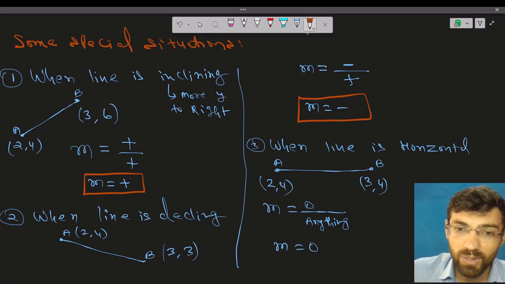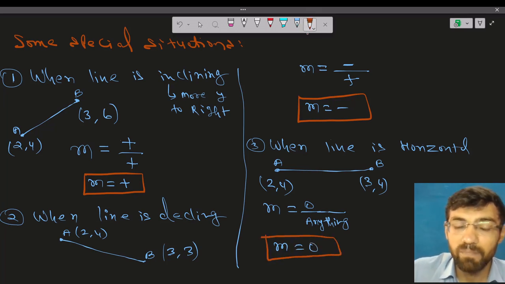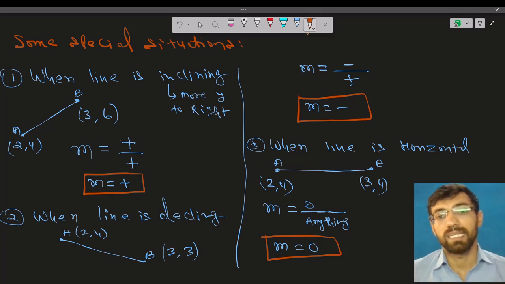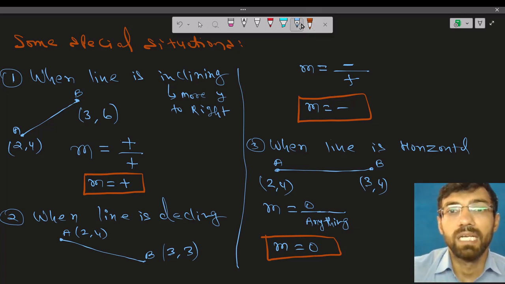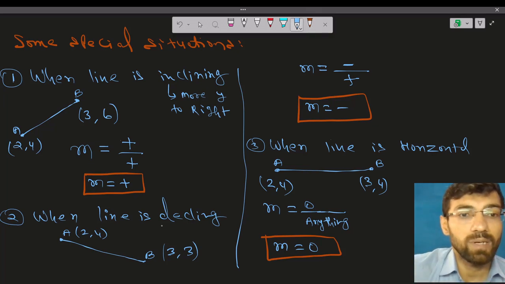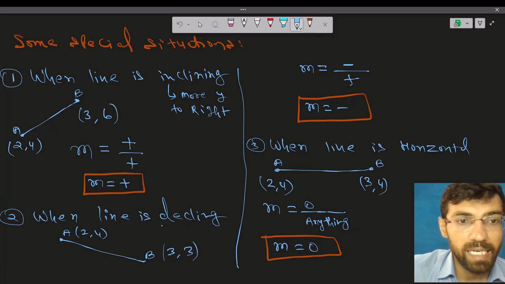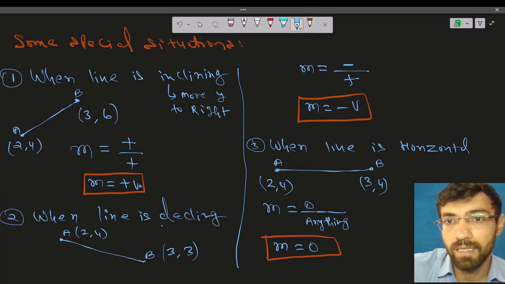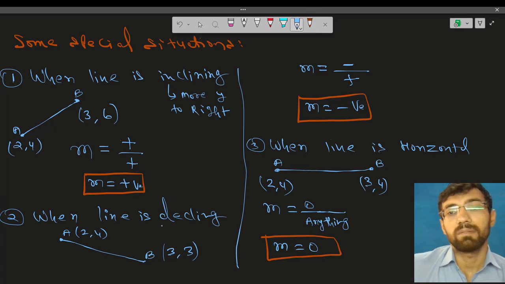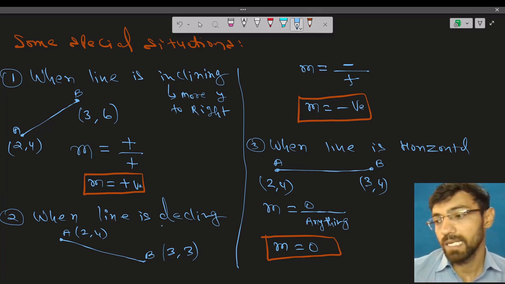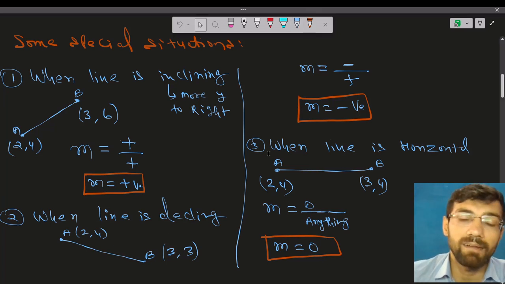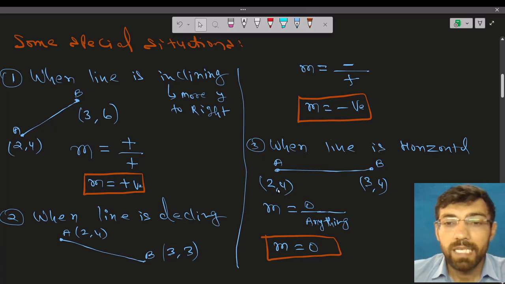So if my line is horizontal, my gradient is 0. So we have three different cases. When your line is inclining, my gradient is positive. When the line is declining, the gradient will be negative. And when your line is horizontal, it will have a 0 gradient.